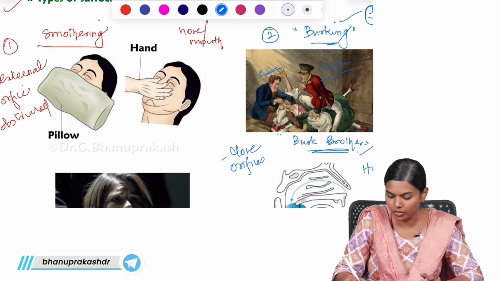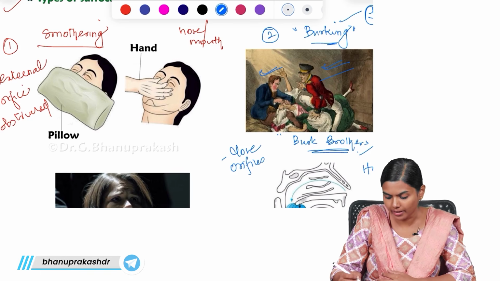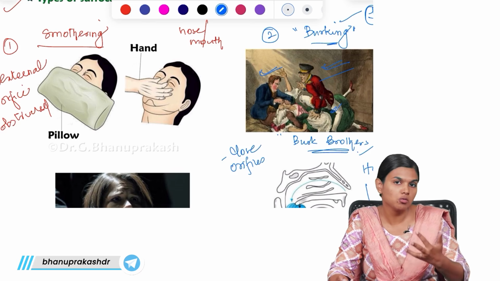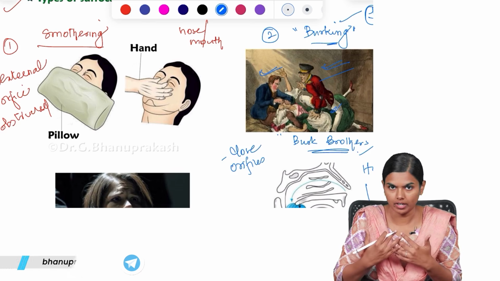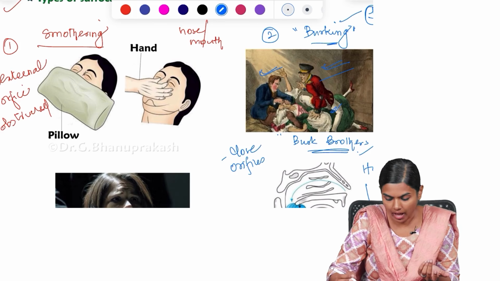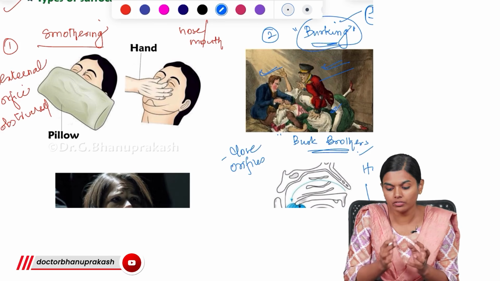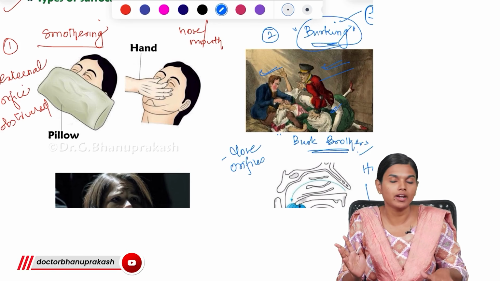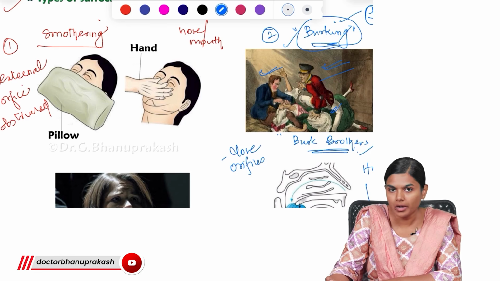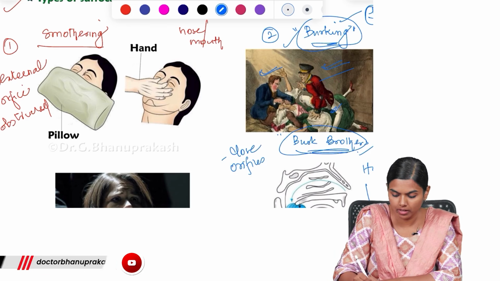There will be no entry of air to the lungs. And when a person is sitting over the chest, chest wall movement will also be obstructed. Because of that there will be asphyxia, and this combination of homicidal smothering and traumatic asphyxia, we call Burking, because of these Burke brothers.